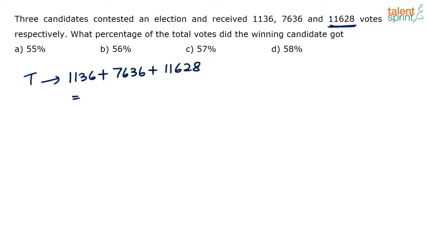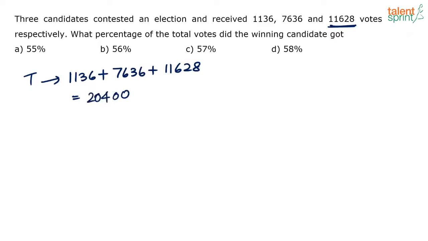Either you can use digit sum and add these numbers, or you can split and merge the numbers like 11,000 plus 7,000 plus 1,100, that way, or do a digit sum method, right? When you add these, you get the total number of votes received to be 20400, correct?